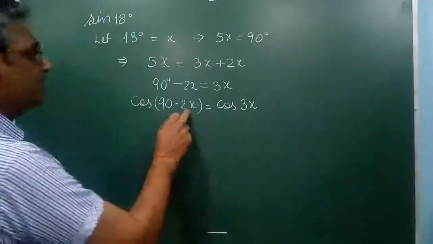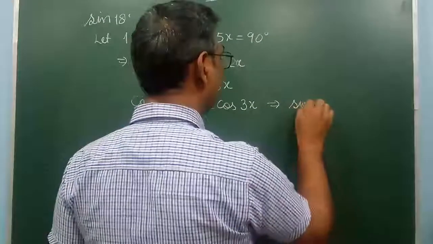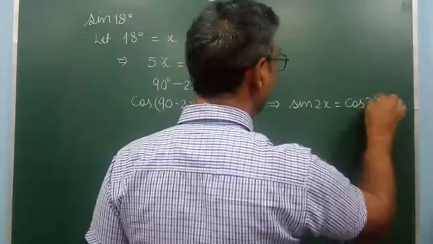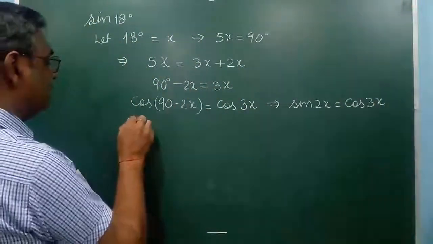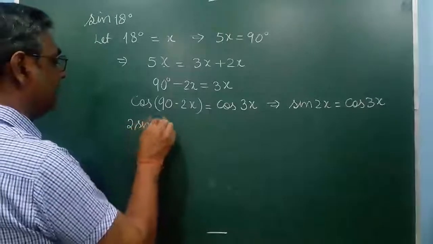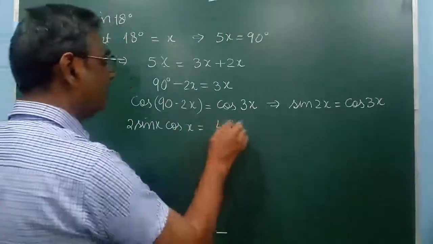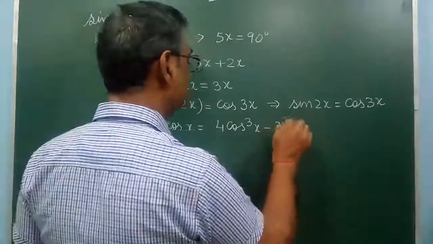Cos 90 minus theta is sin theta. Sin 2x equal to cos 3x. Now, what is sin 2x? Sin 2x is 2 sin x cos x, and what is cos 3x? 4 cos cube x minus 3 cos x.